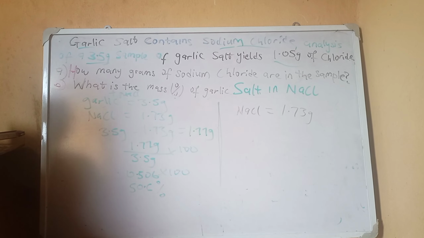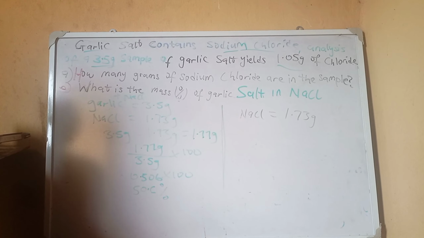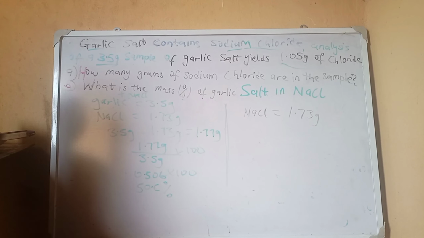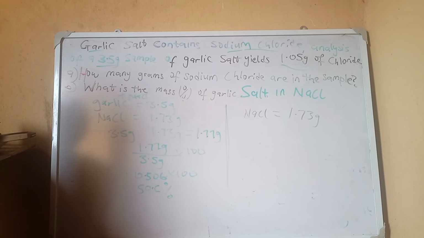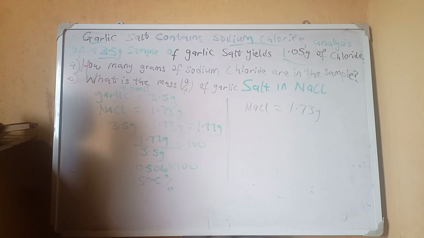So the mass of garlic in the substance, in relation to sodium chloride, in percentage is 50.6%.